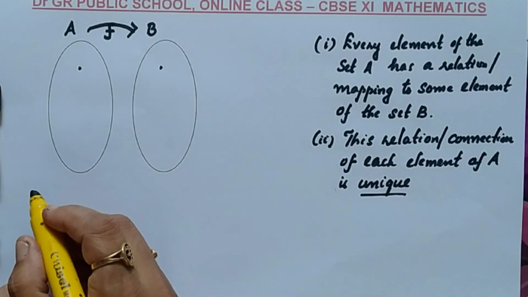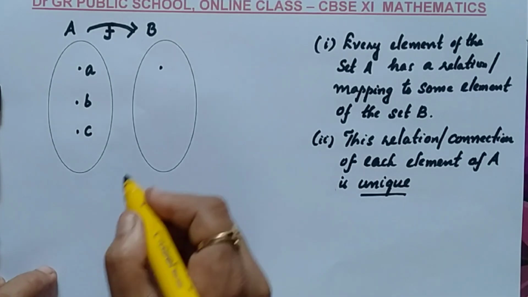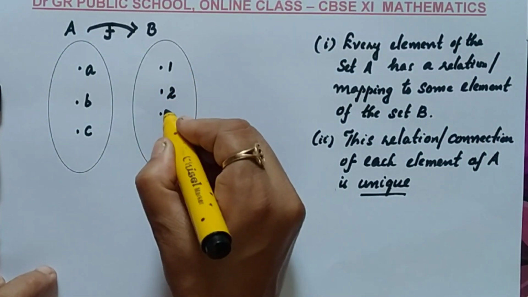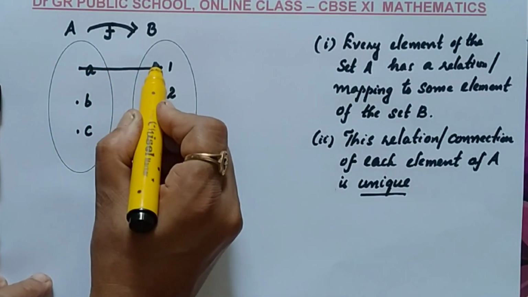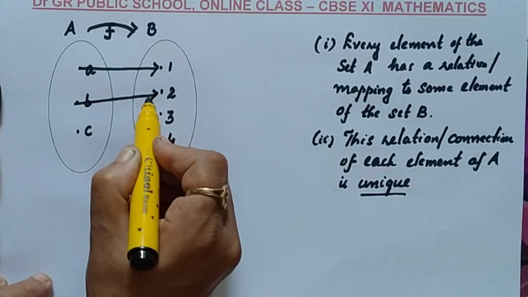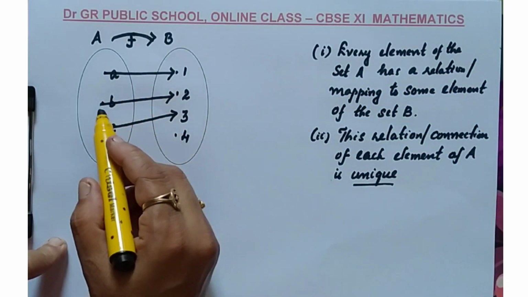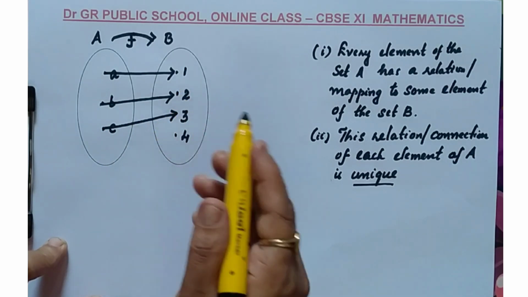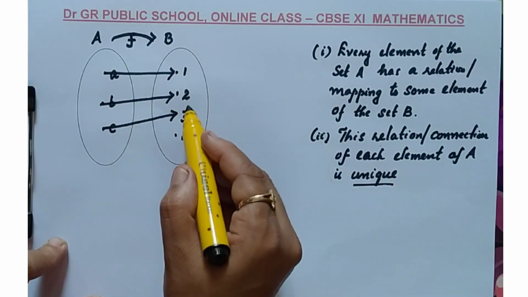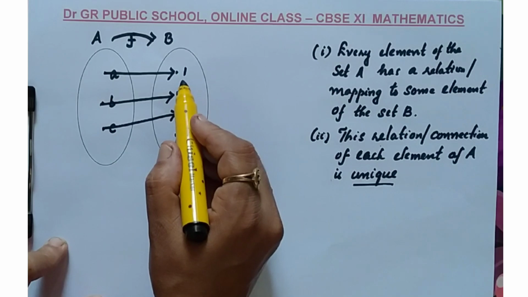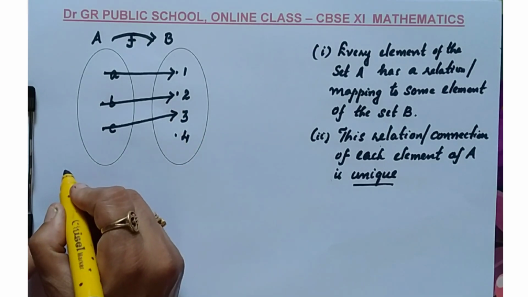Let A and B be two non-empty sets, and let a, b and c be three elements in the set A, and the set B has some elements such as 1, 2, 3, 4 etc. If every element in the set A has a relation or a connection with some element of the set B, that's the first condition, and this relation or connection of each element is unique, meaning every element has a unique image or unique mapping, or has one and only one image, then it is a function.